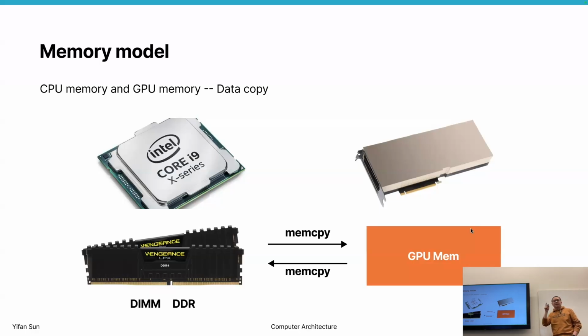Then if you consider some models have 700 billion parameters, right? That means pretty much we have no way to put those models in one GPU. What can we do? We have to use multiple GPUs. So today, one server may have 4 GPUs or even 8 GPUs.